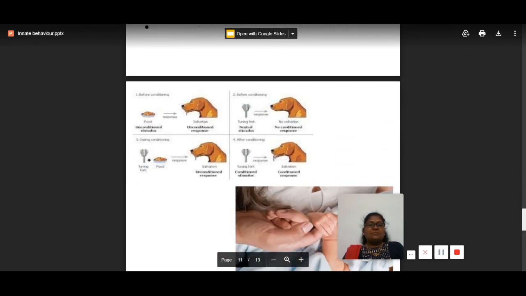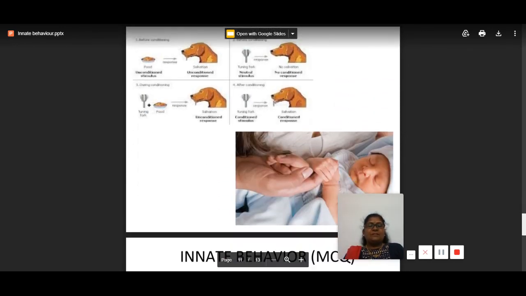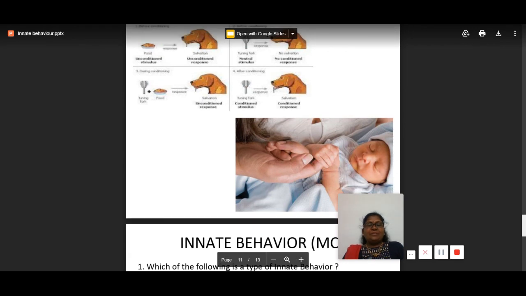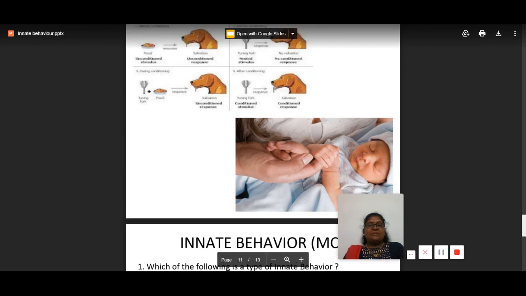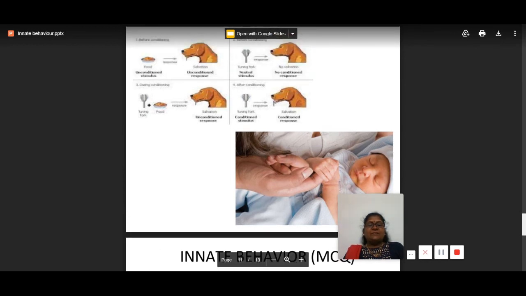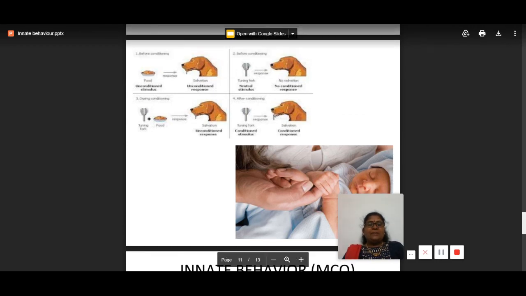You know that when a baby loves their parents, especially the mother, holding the mother's hand is comfortable, and this behavior is inborn only, not a practice. Suddenly the baby holds the mother's hand.